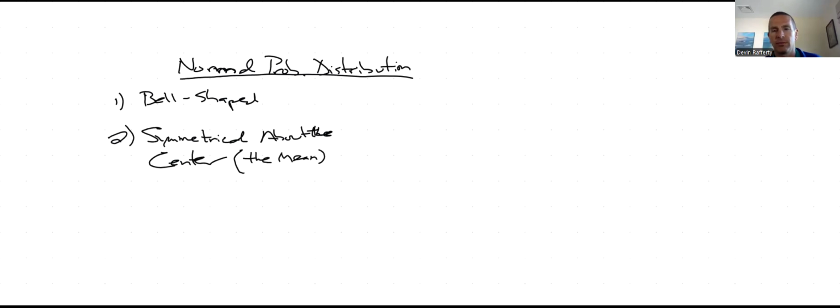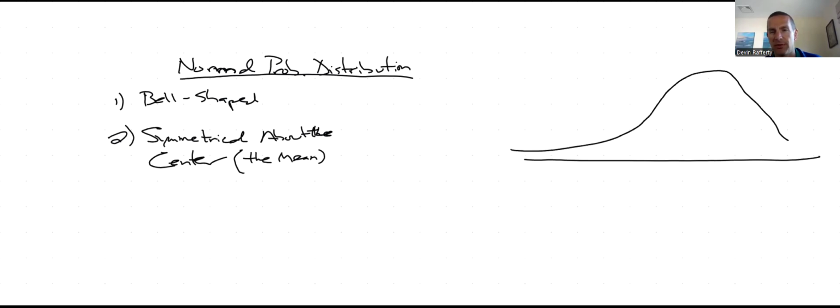Again, let's draw this back in. My graphs are not going to be perfectly symmetrical, sorry. But in the middle, we have the mean. And then this is symmetrical. At least it's supposed to be symmetrical. In your book, it's symmetrical.